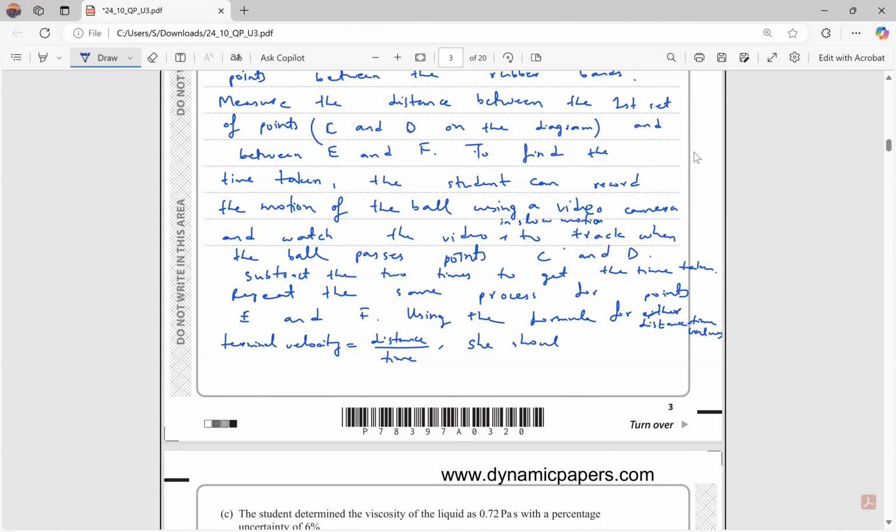She should compare if the velocity is the same between C and D and E and F. If it's the same, then it's terminal velocity.